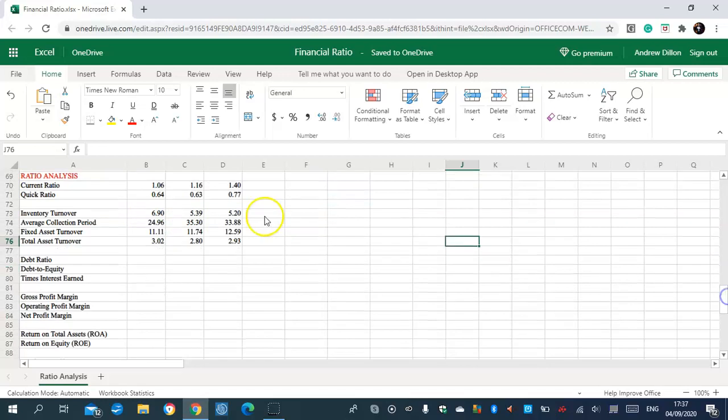This is great. It's very interesting to learn all this sort of stuff. Technical, but very, very good. So let's calculate the debt ratio.